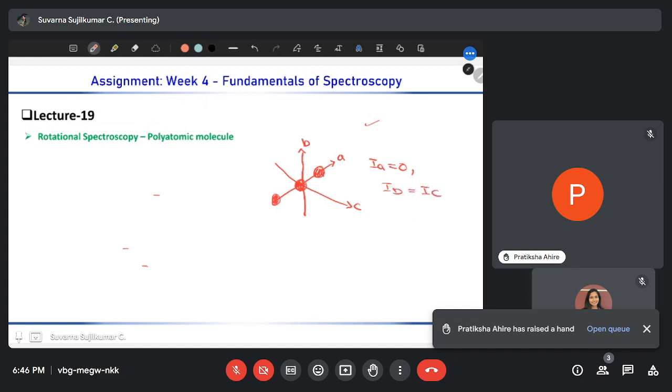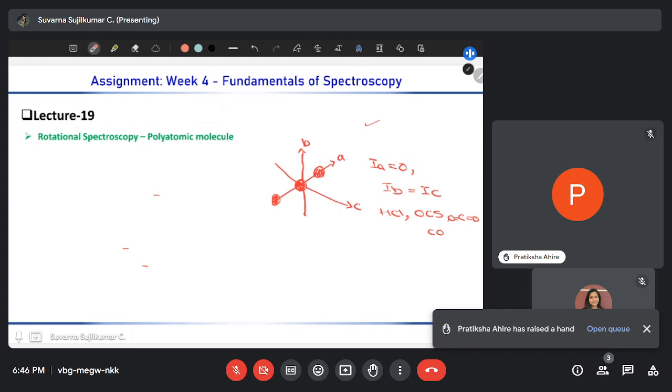So this will be exhibited by molecules like HCl, OCS, carbon monoxide, and carbon dioxide. But carbon dioxide won't be rotationally active, which we already know, since it doesn't possess a permanent dipole moment, right? Followed by this, we classified polyatomic molecules into spherical top, symmetric top, and asymmetric top.